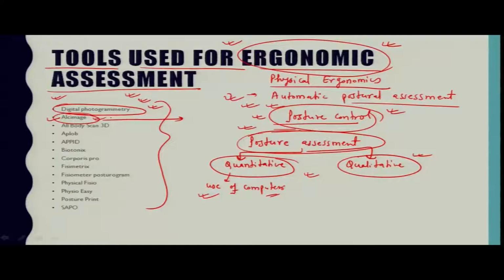Another kind of tool is All Body Scan 3D. This software tool scans the entire body in very few seconds and creates a model. In it, a sensor is utilized to model the patient's body in 3D, transferring the data to the software in computers.